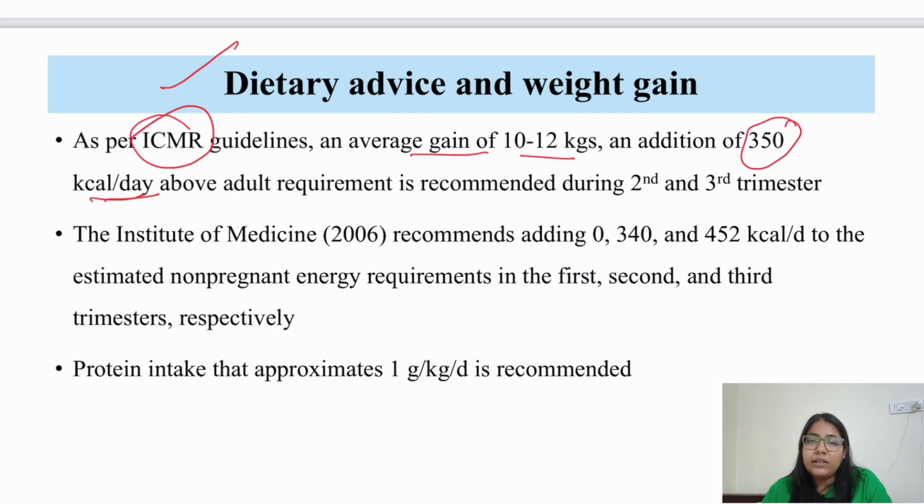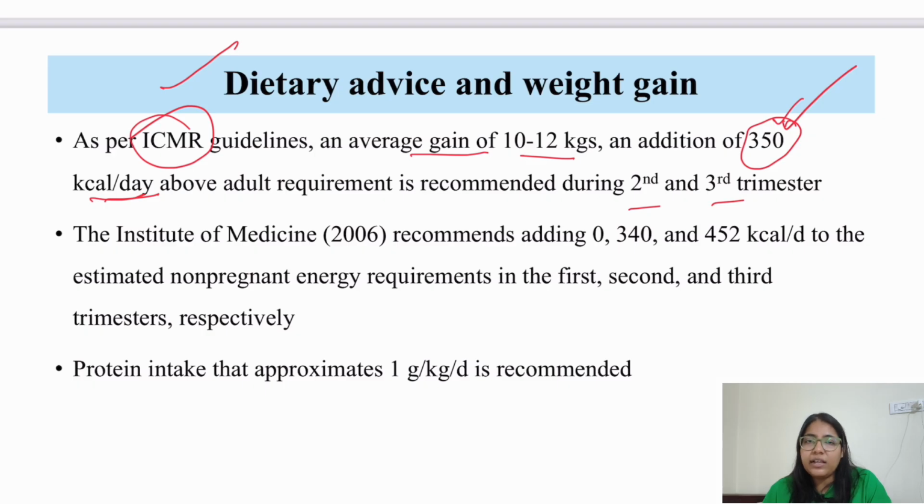So whatever is recommended for her activity level, sedentary, then moderate activity and then heavy activity, all these have different calorie requirements. So as per a normal non-pregnant patient's calorie requirement for that level of activity, you just tell her to take additional 350 kilocalories during second and third trimester.